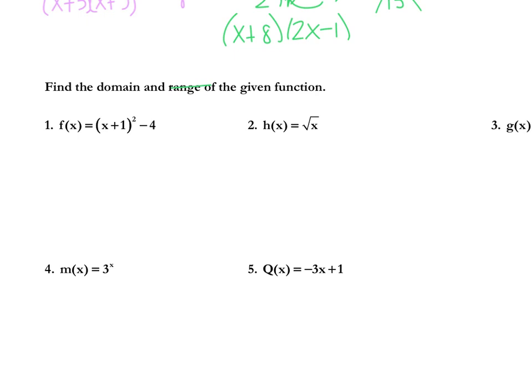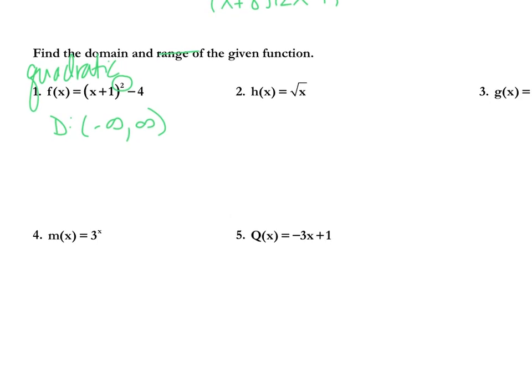So if it's quadratic, remember that the domain is going to be negative infinity to infinity. Maybe you want to write quadratic up here so you remember that. If it is linear, so if we take a look at number 5, and as long as it's not a special case, meaning a horizontal or vertical line, it's also going to be negative infinity to infinity.